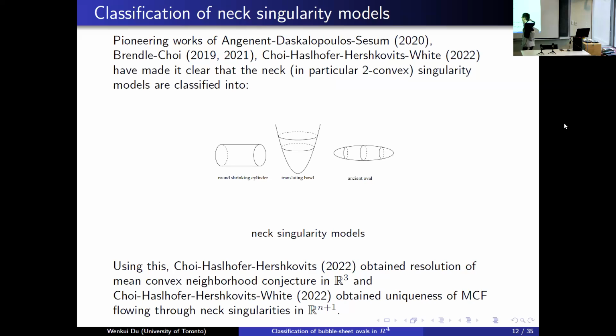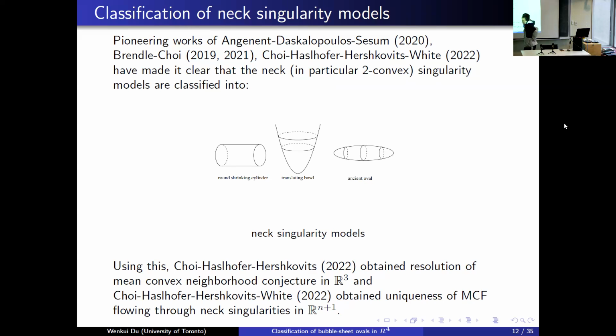In the R3 case, they use this classification to obtain the mean convex neighborhood conjecture, and also uniqueness of mean curvature flow flowing through the singularities. But recently, together with Bamler and Kleiner, for initial surface spheres, the well-posedness of mean curvature flow is proved.